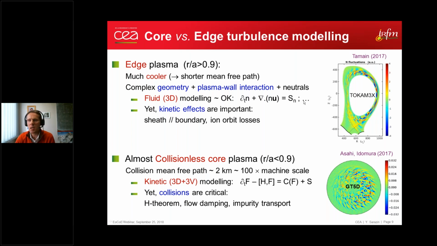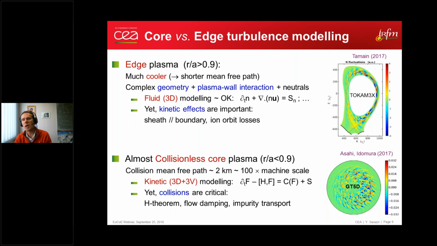Then the plasma is fairly cool, so that the mean free path is small, and because of that, and because of the complex geometry and the need to take into account the plasma-wall interaction and the interaction with the neutrals, the modeling is actually made using the fluid description, which is three-dimensional.